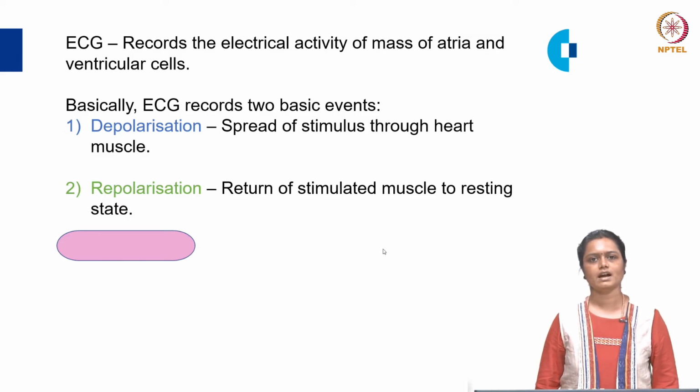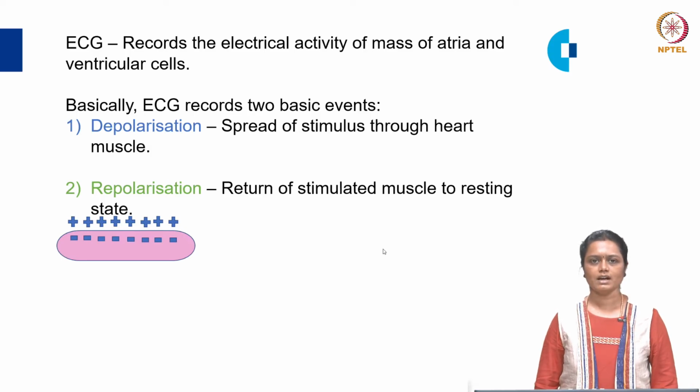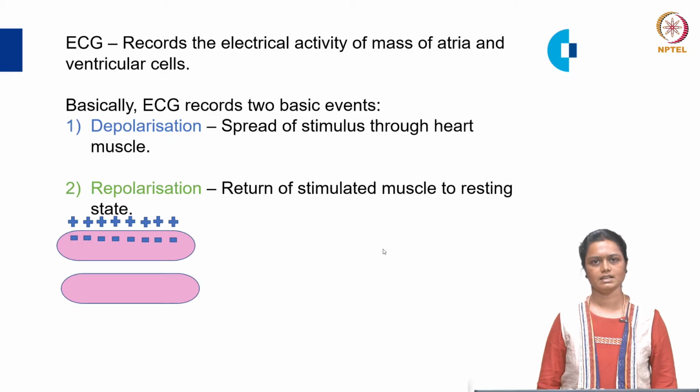Normally, a resting cardiac cell is said to be in a polarized state, which means that the exterior of the cell is positive and the interior of the cell is negative. This is what we call a resting state or a polarized state. When the heart muscle is stimulated, there is a shift in charge across the exterior and interior of the cell.